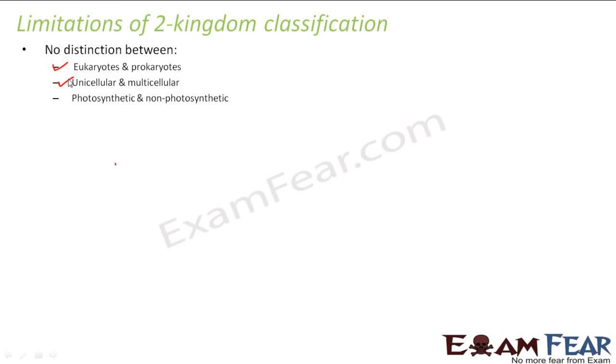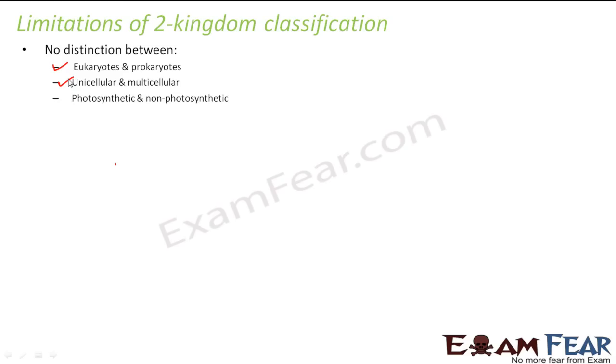So it will happen that we will end up putting eukaryotes and prokaryotes in the same group, or we might also end up putting unicellular and multicellular in the same group. Now, when I'm saying in the same group, we expect that organisms in the same group will have a lot of similarities. So now just imagine if two organisms, one is unicellular and the other one is multicellular, and both of them are in the same group, do you think that they are going to share any similarities?